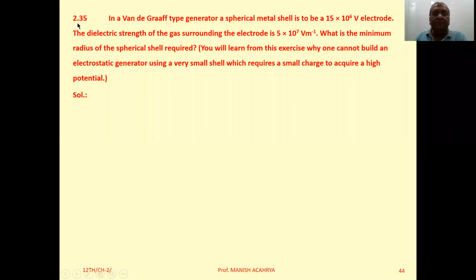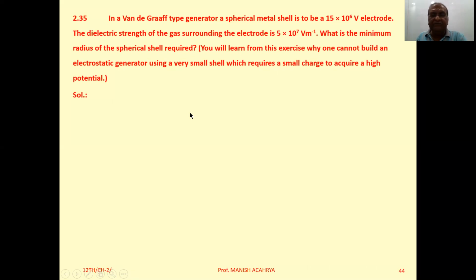Now example 2.35. In a Van de Graaff type generator, a spherical metal shell is to be a 15 into 10 raised to 6 volt electrode. The dielectric strength of the gas surrounding the electrode is 5 into 10 raised to 7 volt per meter. What is the minimum radius of the spherical shell required?